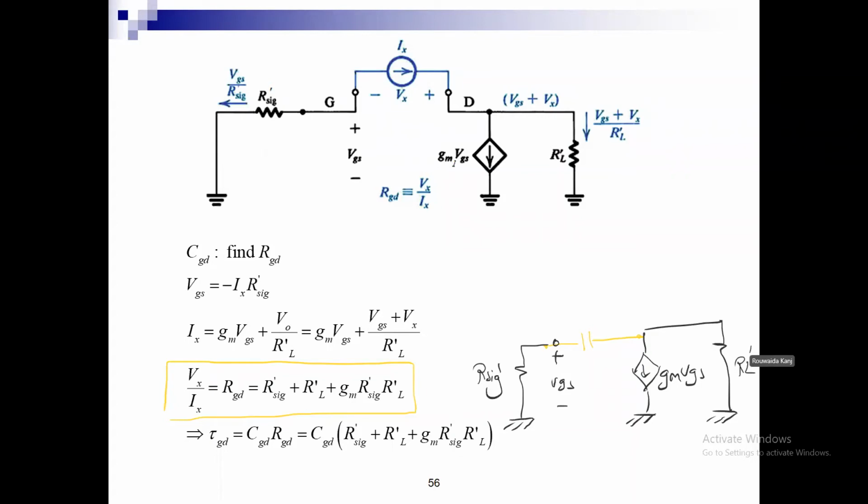What do you notice about the current source and the voltage on the right and the voltage on the left? They are dependent. يعني إذا هاي VGS هذه هي GM VGS.